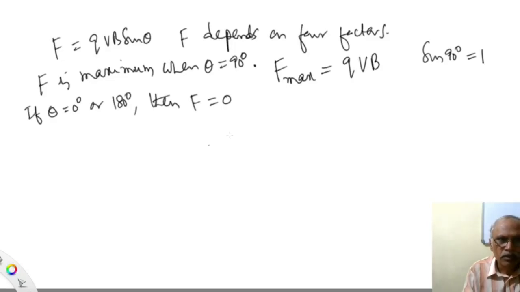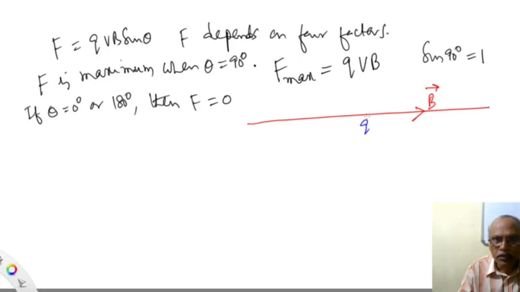For example, this is the direction of magnetic field B bar, and the charged particle Q is moving parallel to B bar. Here theta is 0 degrees.